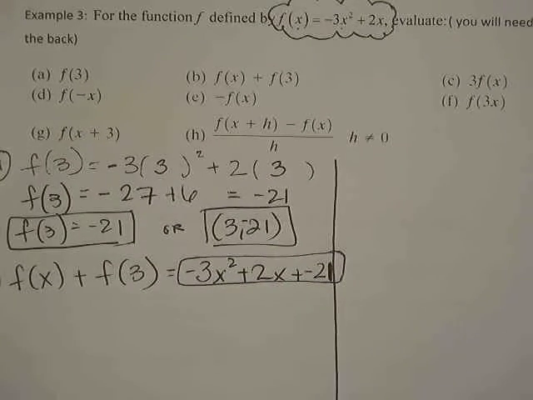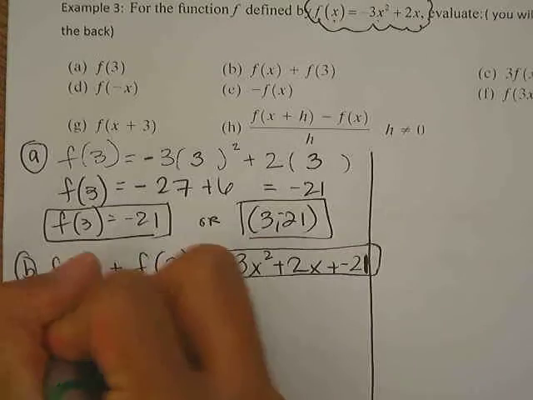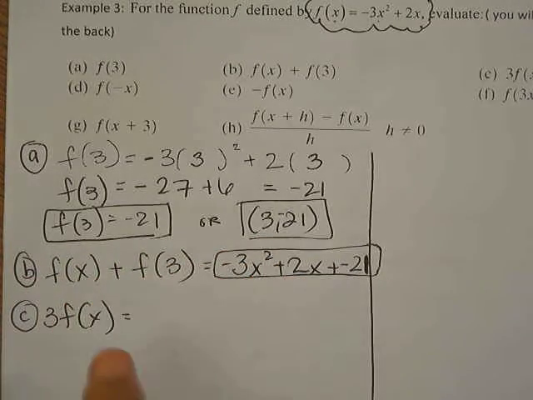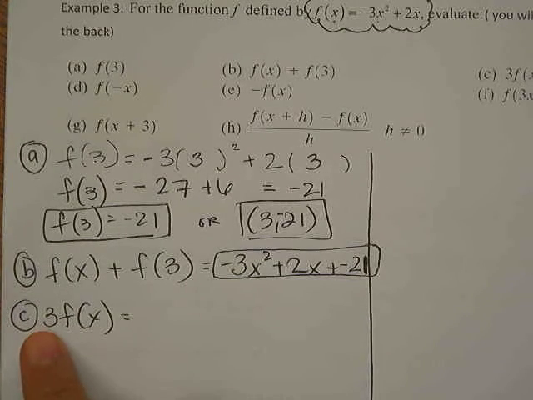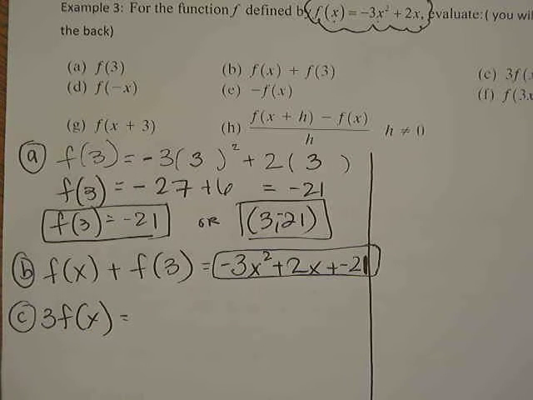Okay, next, I'm asking to find 3 times f of x. So that's your C. 3 times f of x. Similarly, just understanding notations. What does that mean? Do I know what f of x is? Can you tell me what f of x is?